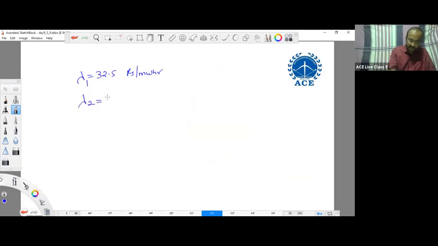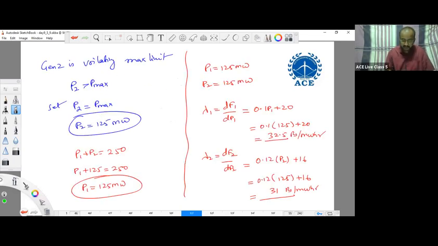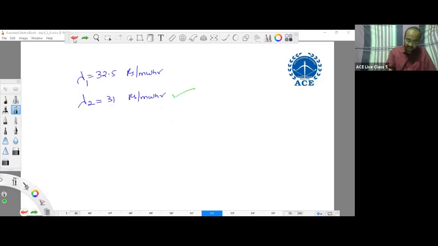Lambda 2 is 31 rupees per megawatt hour. So which lambda is to be selected? P2 is violating the maximum limit, so you should not select lambda 2. Lambda 1 is to be selected.